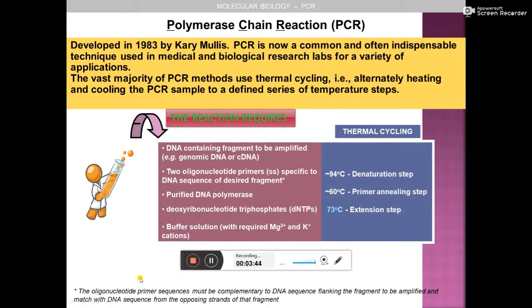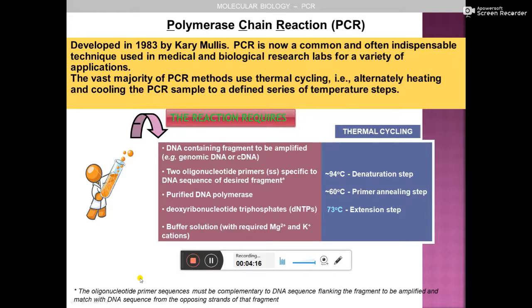The denaturation is usually carried out at approximately 94 degrees centigrade, where the double-stranded DNA will get separated into single-stranded DNA, and approximately at 60 degrees Celsius, the primers, depending upon the purpose, you have different primers, will get bound to the single-stranded DNA. So this process is called the primer annealing step, which is approximately carried out at 60 degrees centigrade, which will vary depending upon the primers.